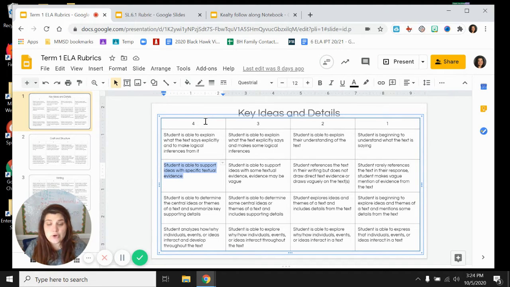In order to earn the grade of a 4, which is advanced, you need to be able to support all of your ideas with very specific examples from the text. And when I say specific examples, or textual evidence, I don't mean your inferences or your ideas about the text. You shouldn't be supporting ideas with ideas. You should be supporting with specific textual evidence.